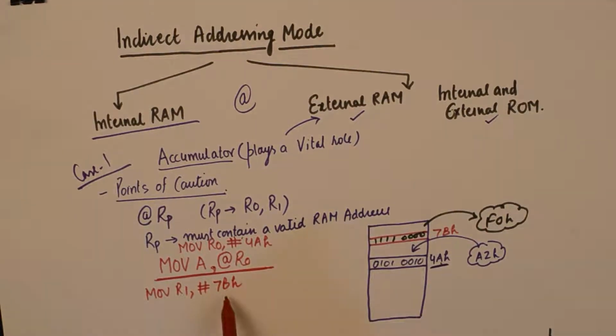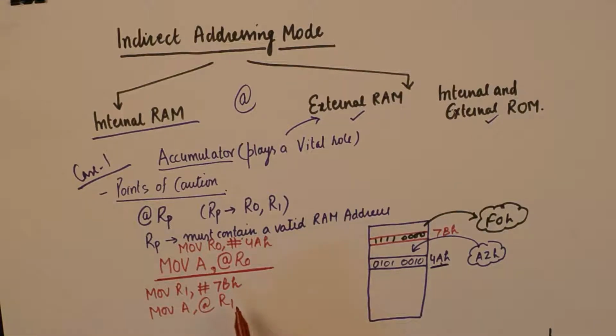Now R1 contains the address from which I want to fetch the data, and I'll bring the data from 7BH register through a pointer, which in this case is R1.